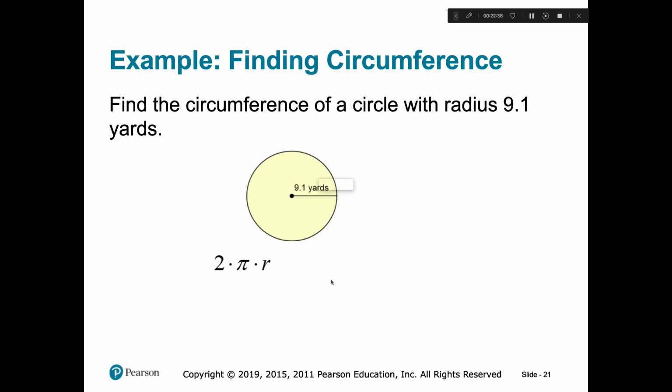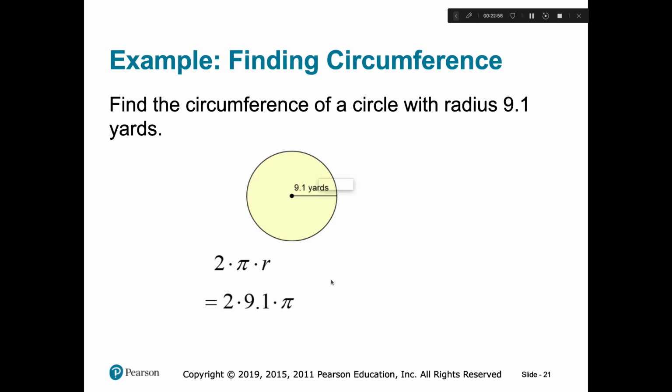Substitute our information in. When I take 2 times 9.1, I end up with what? 18.2.